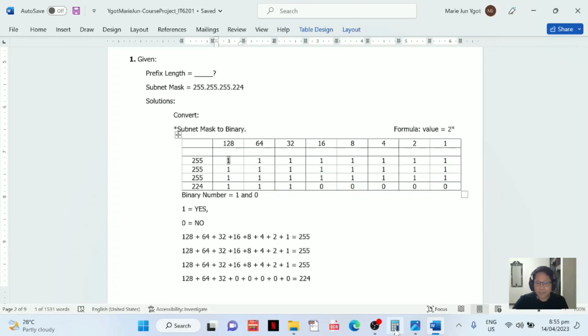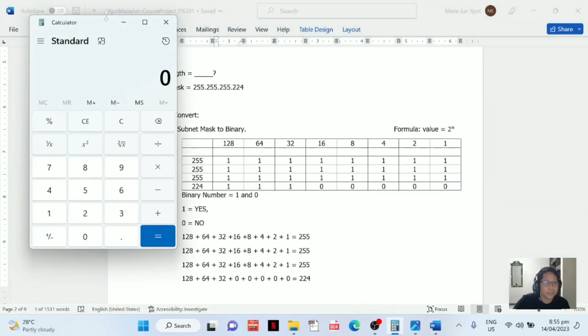Next, let me calculate first. 128 plus, next, 64 can be added also. So let's try: 128 plus 64 equals 192. So 64 can also be added so that we can get 255, as well as 32.